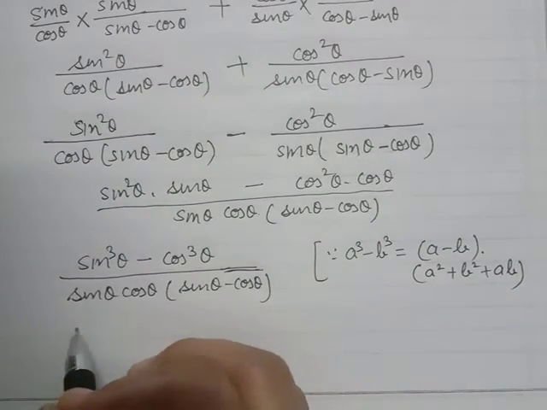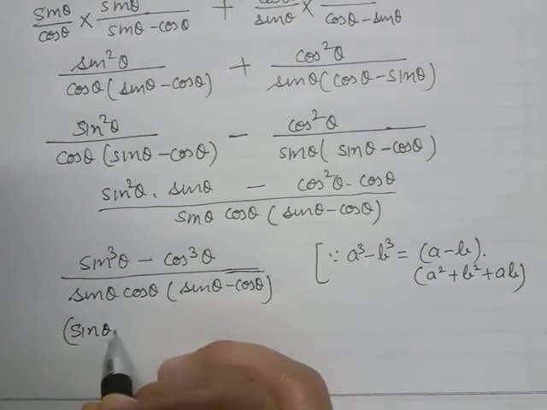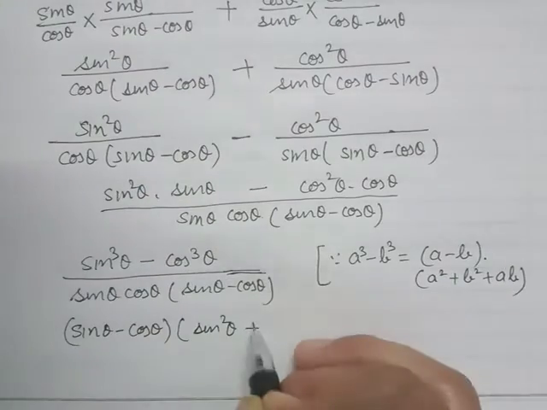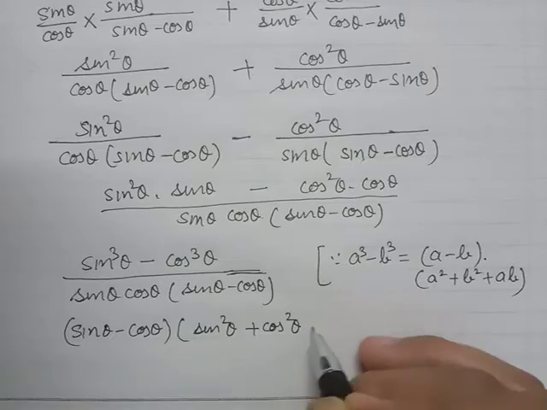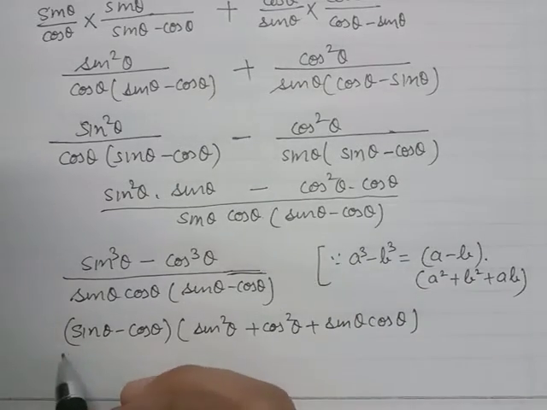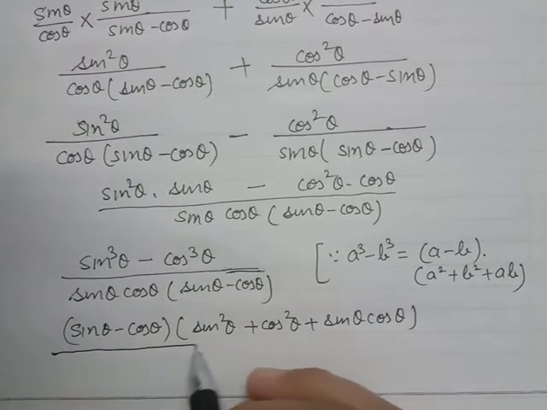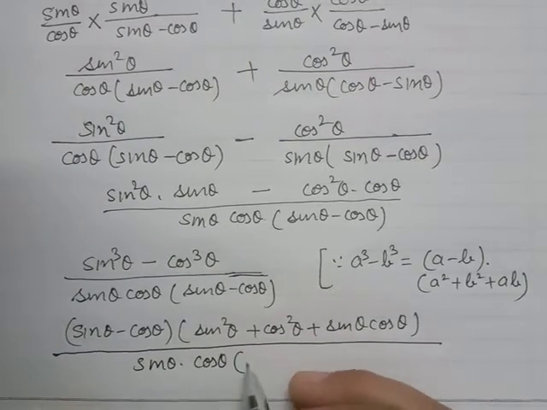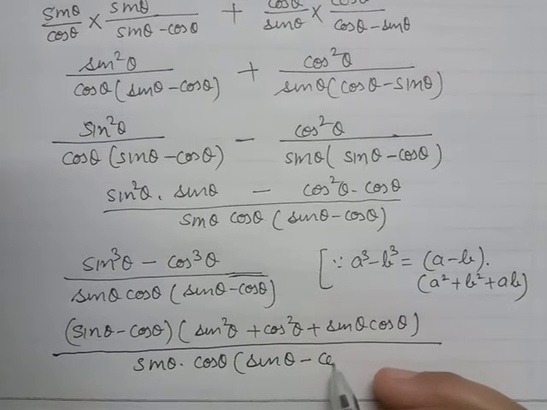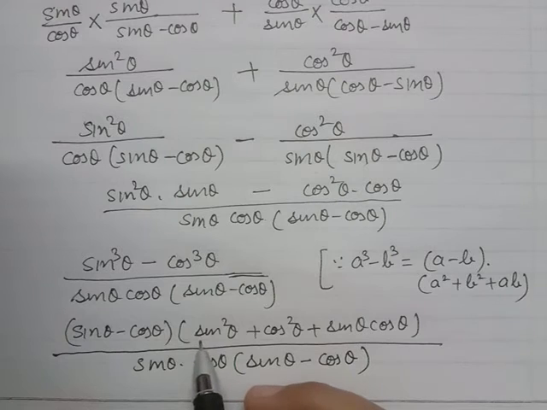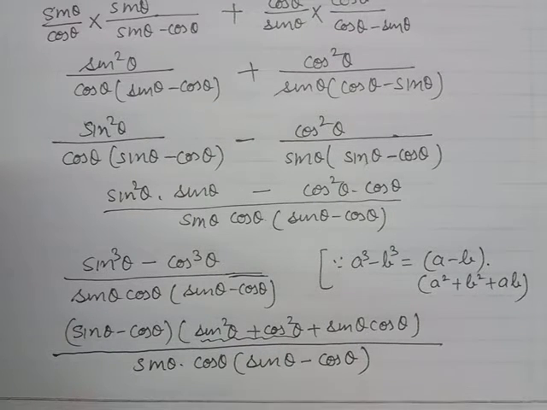Now applying this formula, a minus b into a square plus b square plus ab, we get this, where a is sin theta and b is cos theta. Denominator as it is. Now we know that sin square theta plus cos square theta is 1.